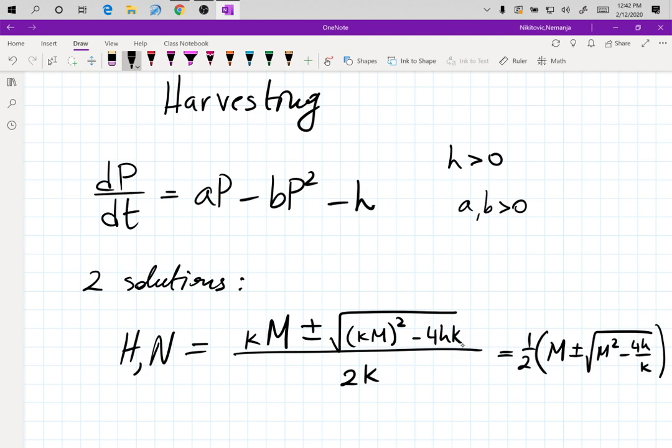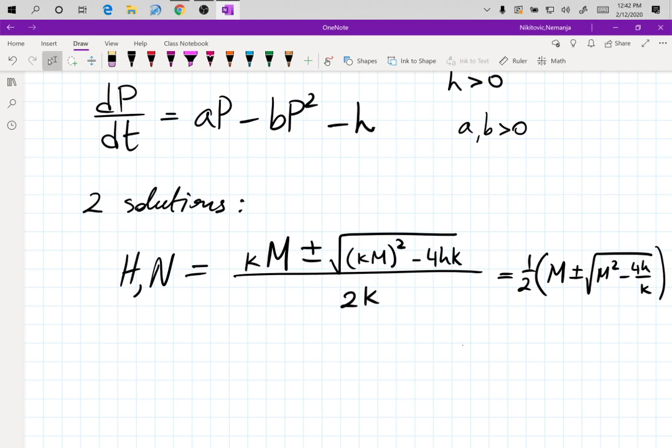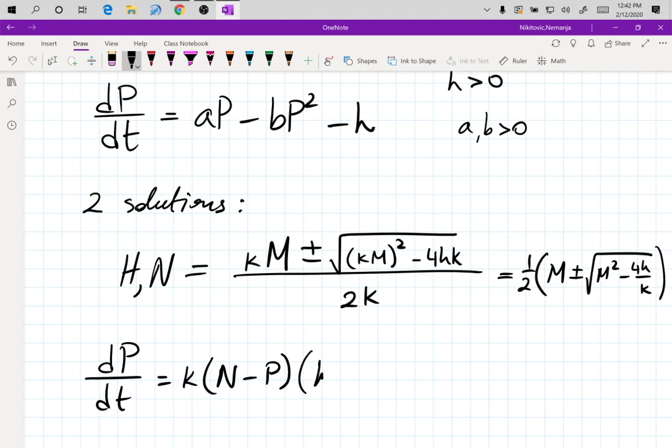So now, since you have the two solutions, you can plug that back in the differential equation. We used P, not X's. dP over dt is equal to K (N minus P)(P minus H). There we go. One is flipped to just combat the negative sign.